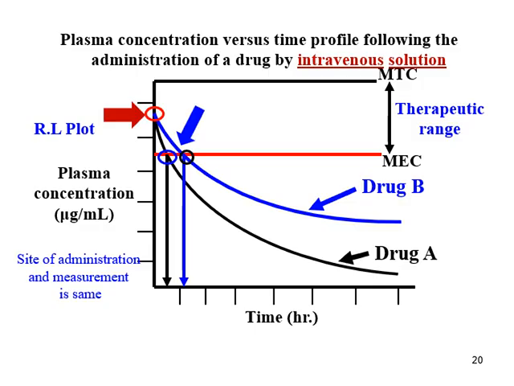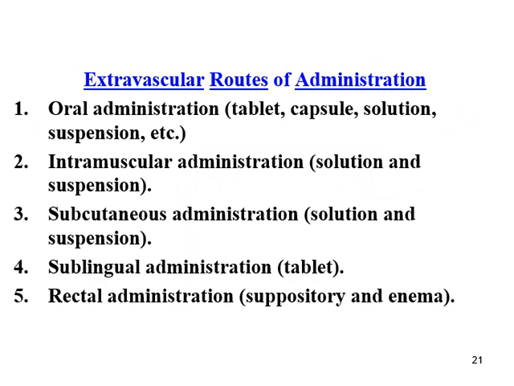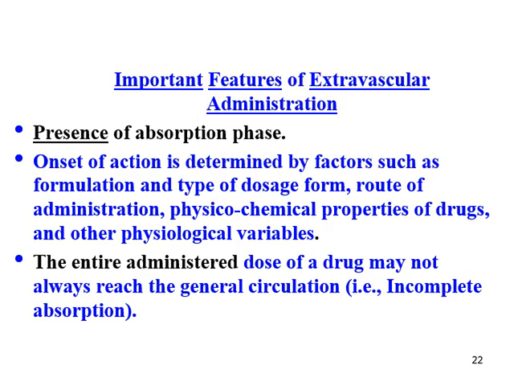This slide shows you the extravascular routes of administration. Actually, we have introduced these in Pharmaceutics 1. For extravascular administration, there are some important features. They have an absorption phase, the steep, inclined upward part. And the onset of action is determined by factors such as the formulation and type of dosage form, route of administration, physical chemical properties of drugs, and a lot of other physiological variables.